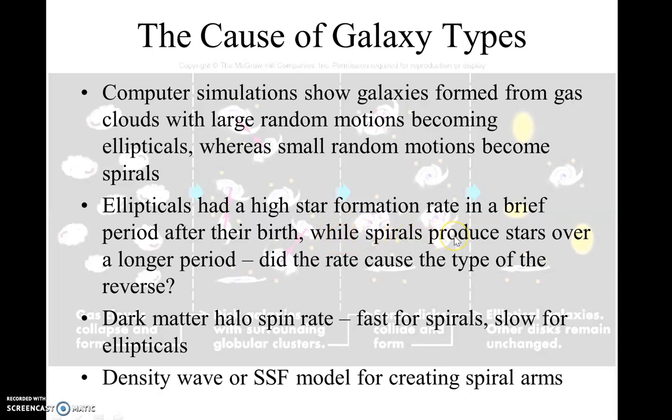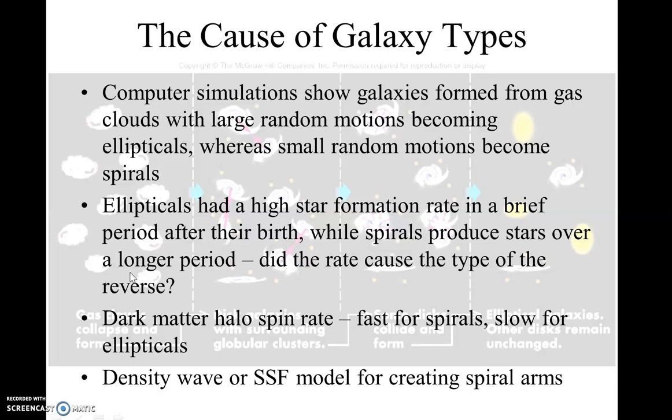Whereas in spiral galaxies, in these computer simulations, we find that star formation takes place over a much longer period. So in the early days of a spiral galaxy, you're going to have stars going supernova, creating metals, and then through the supernova explosion, those metals go out into the rest of the galaxy and seed the next generation of stars that will again go supernova, and you get more and more metal content in the new stars.